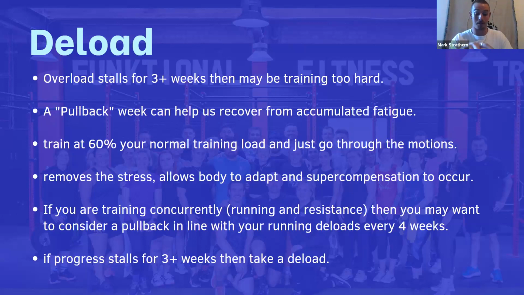So if we are looking purely at performance, you would look to try and separate cardiovascular fitness and strength training by around 6 to 8 hours, even better, 12 hours. So in a concurrent program, this is when managing that stress becomes important, because we're stressing our body in one way from the resistance training, which we want to recover from, and then we're stressing our body in a different way with our cardiovascular training, which we also want to recover from.